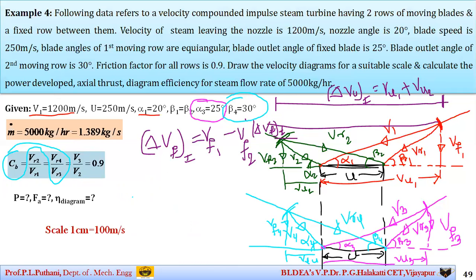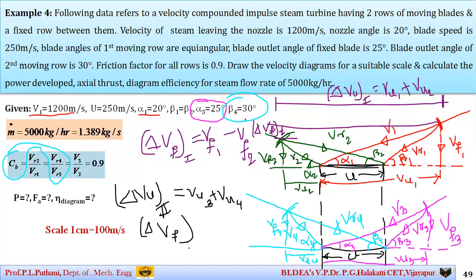For the second stage, delta VU we write as VU3 plus VU4. Whatever values you have measured, you need to sum them up. Similarly, delta VF for the second stage is VF3 minus VF4.